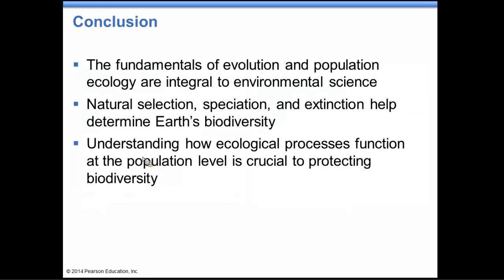So in conclusion, natural selection, speciation, and extinction all help determine Earth's biodiversity. And understanding how ecological processes function at the population level is very crucial to protecting biodiversity threatened by the mass extinction event that many biologists maintain is now underway due to humans.